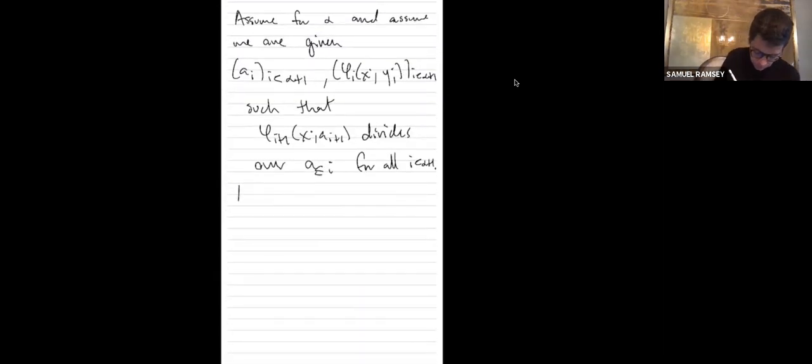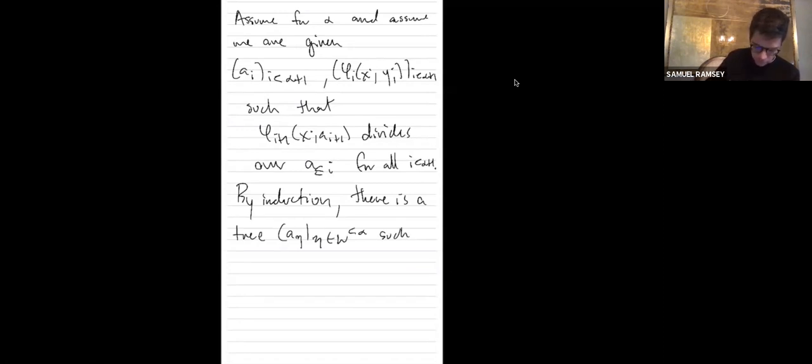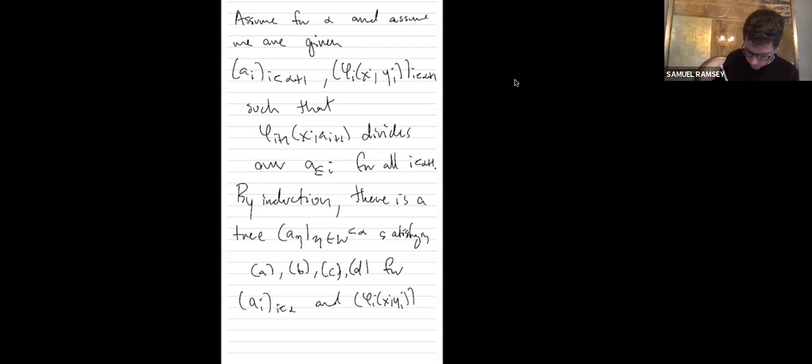Okay, so then by induction, there is a tree, a_eta for eta in omega to the less than alpha, satisfying the conditions A, B, C, and D for a_i, i less than alpha, and phi_i, i less than alpha.